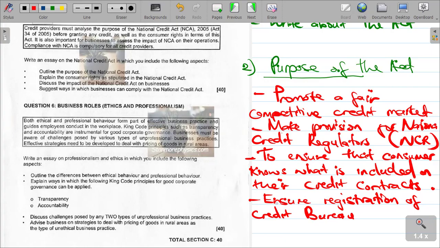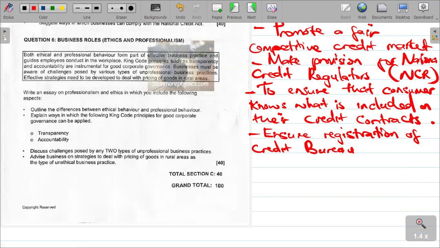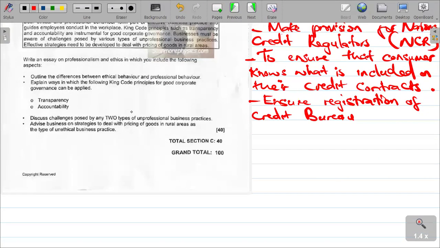It also wanted to prevent discrimination and ensure credit availability to all customers. They wanted to ensure that there's no discrimination when it comes to credit.